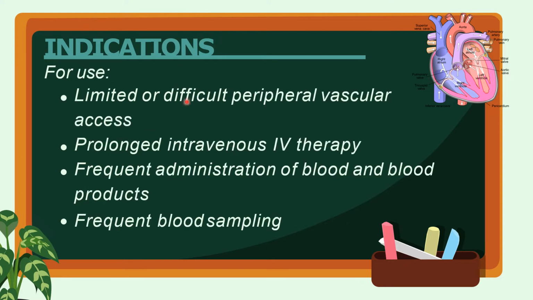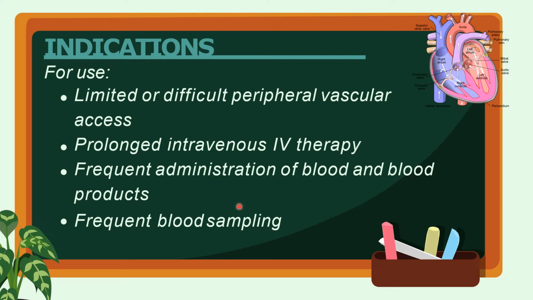So other indications include the following. For patients with limited or difficult peripheral vascular access. For patients with prolonged intravenous IV therapy, because we know that CVP line can be used for long term. Those patients with frequent administration of blood or blood transfusion and blood products.